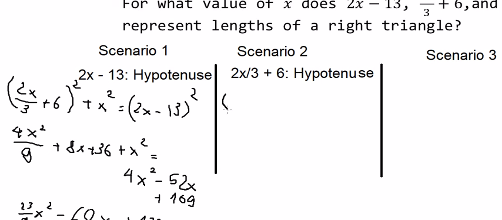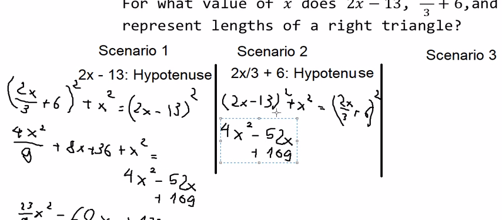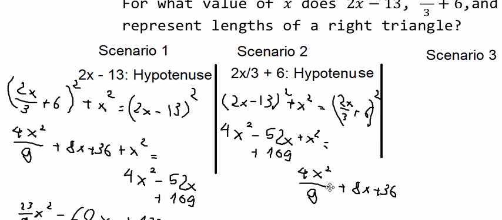You get 2x minus 13 squared plus x squared equal to 2x over 3 plus 6 squared.